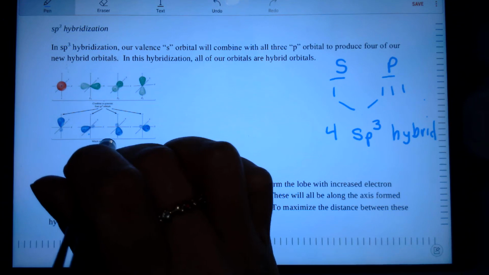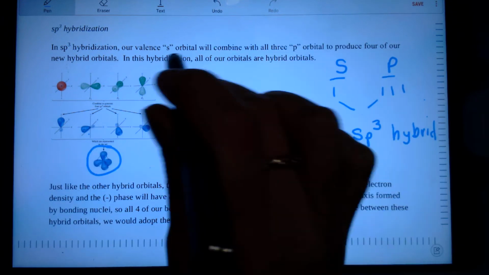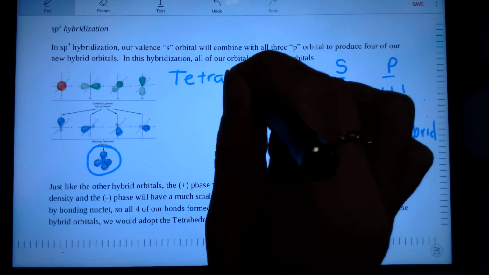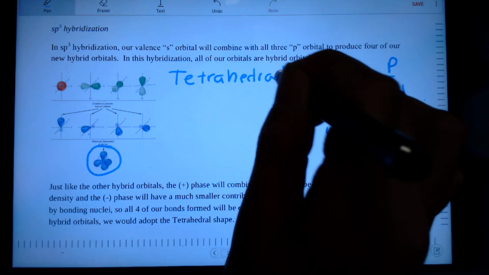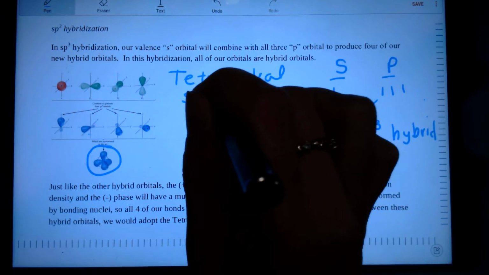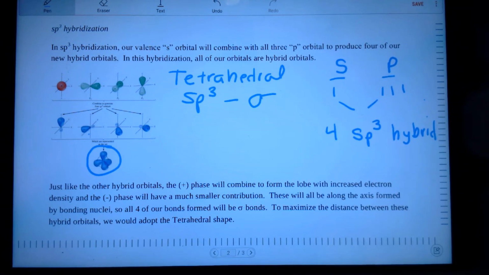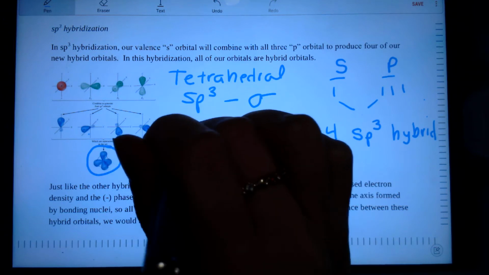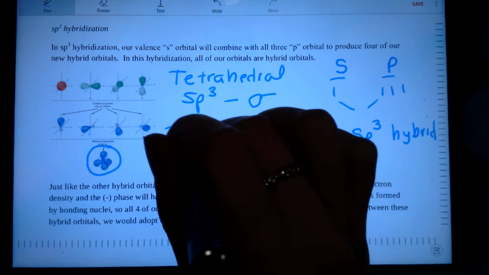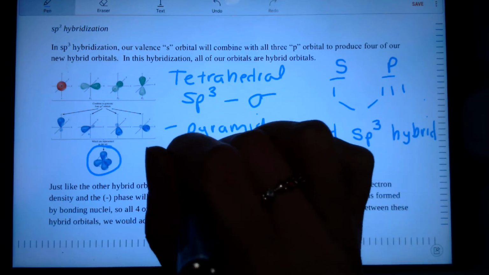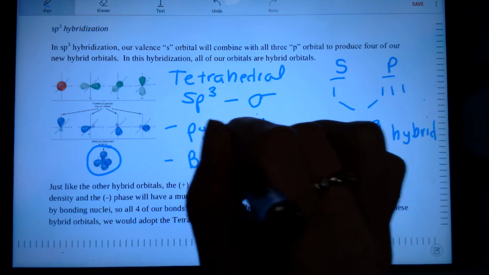If we put them all together, we get the tetrahedral shape. So tetrahedral has sp3 hybridization, and these form sigma bonds. Other shapes with a tetrahedral electron arrangement also have sp3 hybridization, like the pyramid and the bent shape.